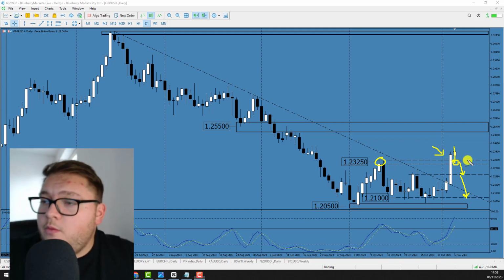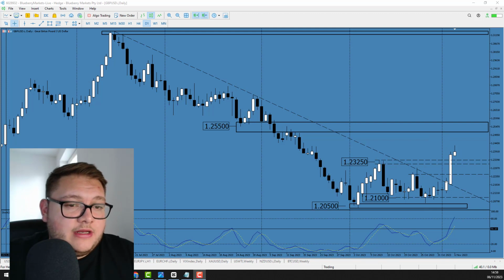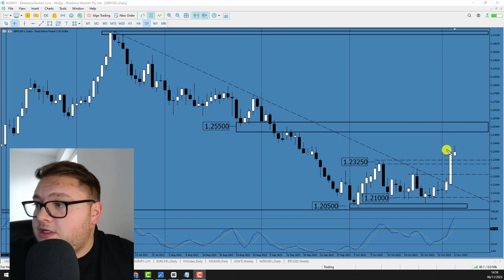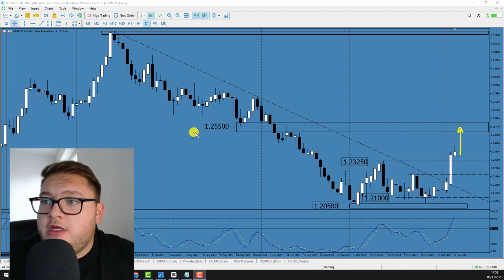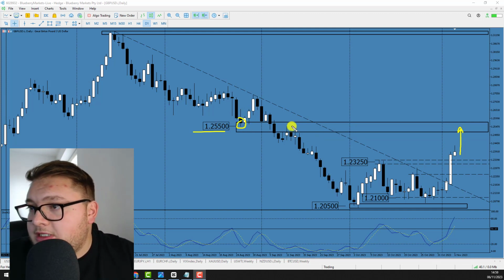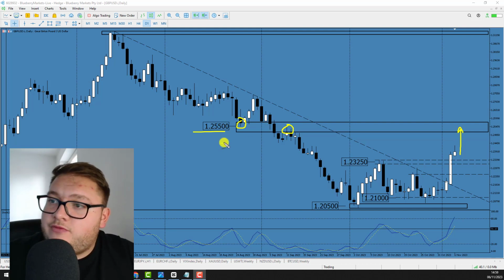Now, what am I expecting for cable if that dollar weakness does continue and if we still see that kind of upside? I want to see price push towards this 1.2550 handle. We can see on this daily chart that price found support back in August, and then in September we used it as resistance. So buyers were getting involved around here.